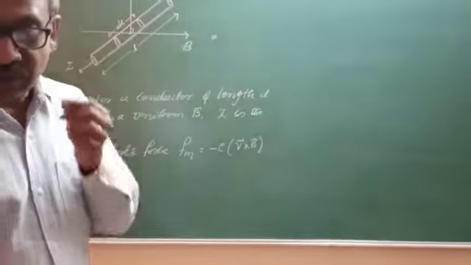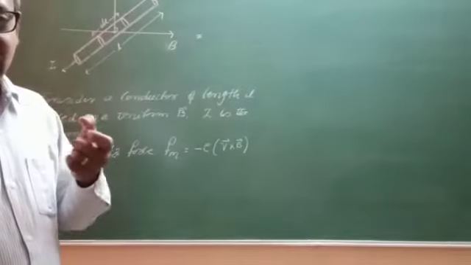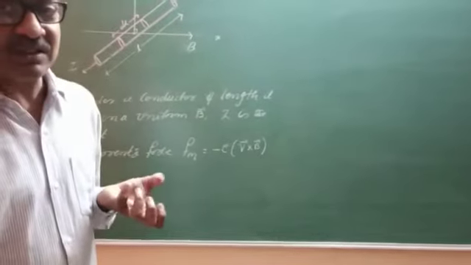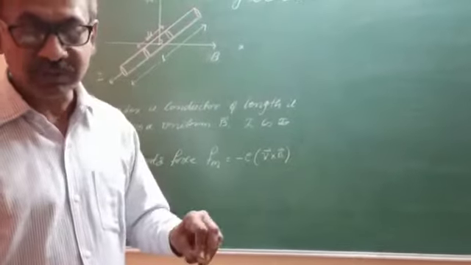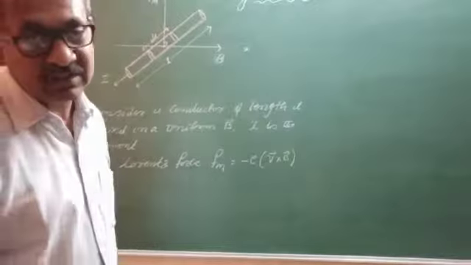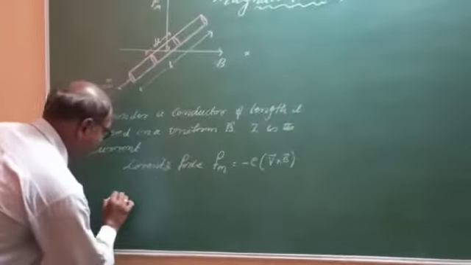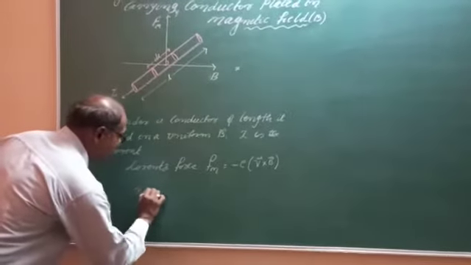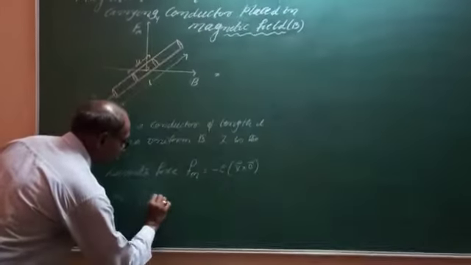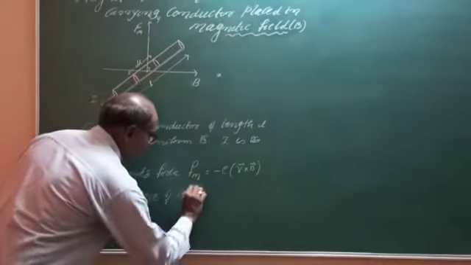So what is the meaning of this n? n is considered as the number of electrons present over there, per unit volume.